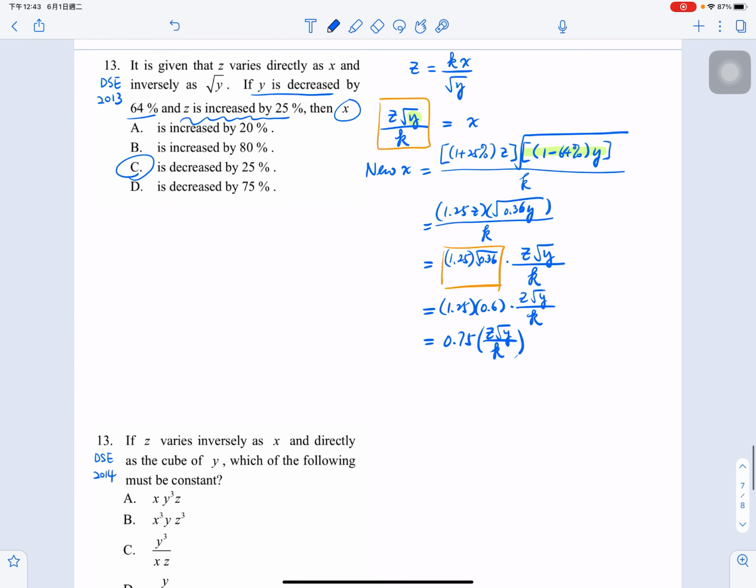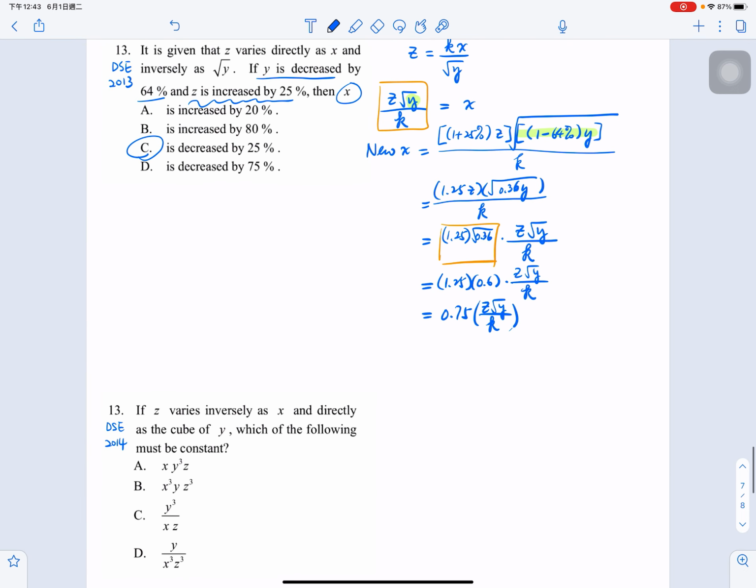好多時候又會考另外一類問題嘅就係，好似 DSE 2014年呢一類啦，我哋睇睇咯喎。z varies inversely as x inversely 嘅，and then directly as a cube of y. Cube of y that means this, okay?